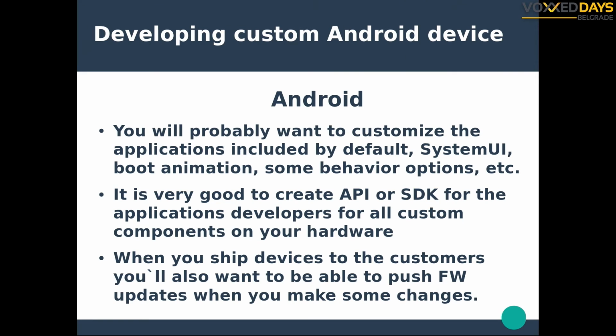So that is another answer why Android is a good OS for your hardware, because it's very flexible, it's open source, and you can change a lot of things. In our case, we have changed the system UI. For example, we have completely removed applications that we do not want on the device, so that they are not using the storage memory, they are not run in the background with some services, so you want to make a lighter device, something like that.